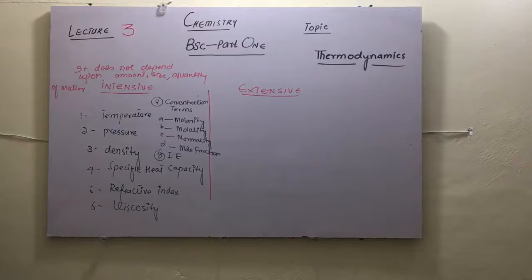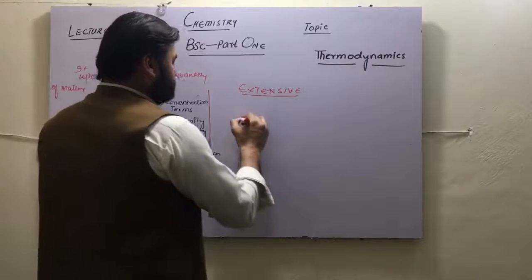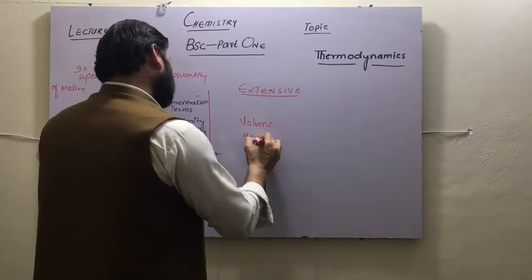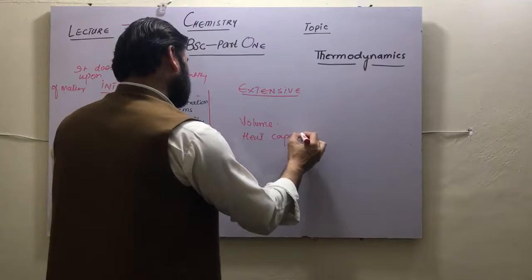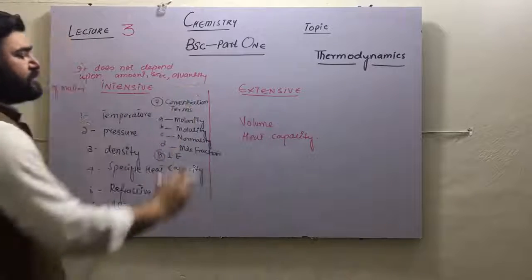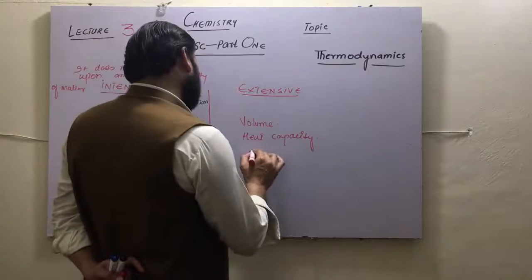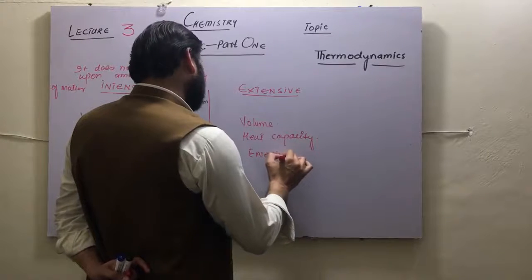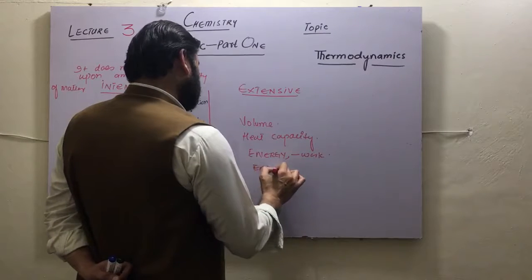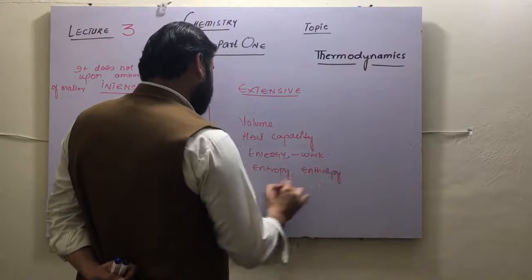What are the extensive properties? Extensive properties are totally opposite of those, like volume and heat capacity. Specific heat capacity is intensive, but only heat capacity is an extensive property. All the energy terms like energy, work, entropy, enthalpy, Gibbs free energy.